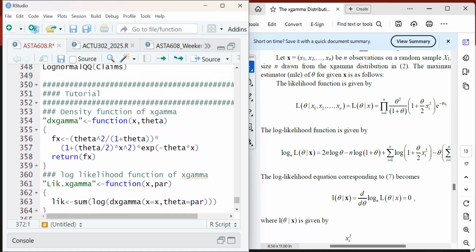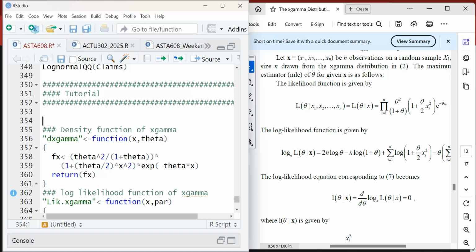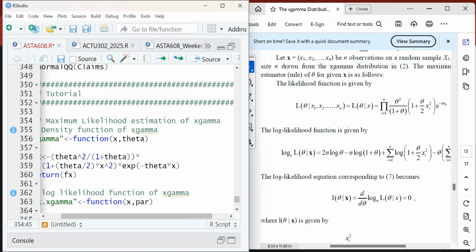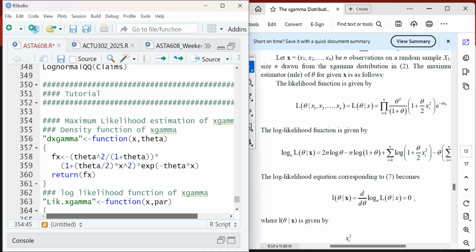So here I can write that this is for the maximum likelihood estimation of S gamma. Okay, and then so that's it.